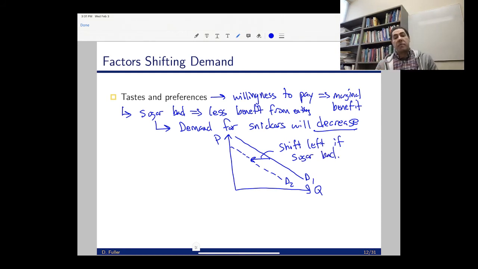Now, these types of things happen all the time. If you happen to buy a bag of Swedish fish, the little red candy fish, you'll notice if you look closely on the package, it says a fat-free food, which in fact Swedish fish are. Why would they say that? Well, back when I was a kid, it wasn't that sugar was bad for you, it was that fat was bad for you.